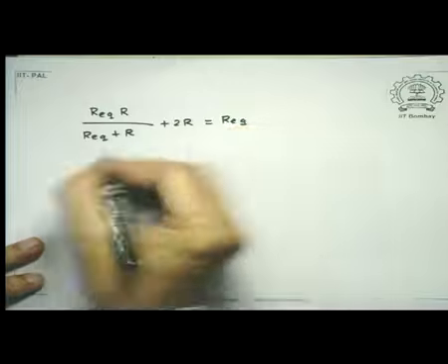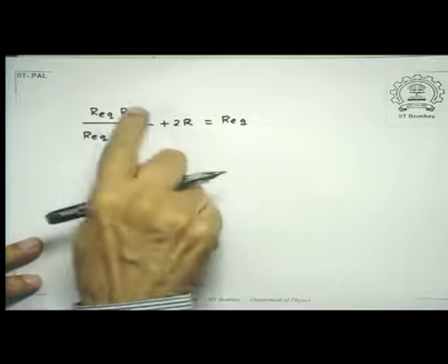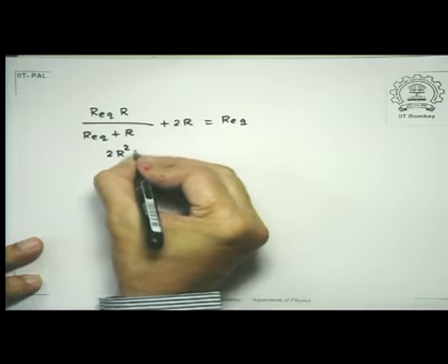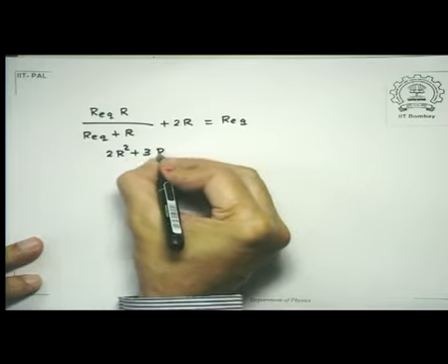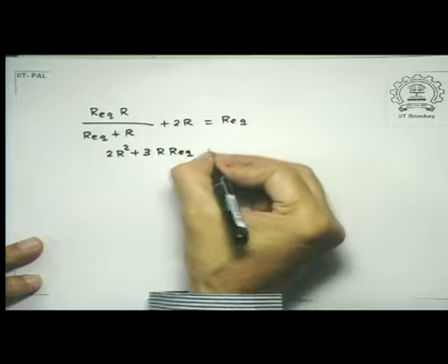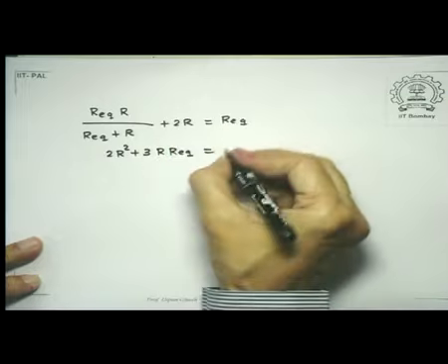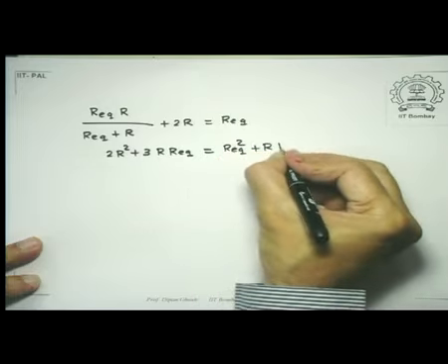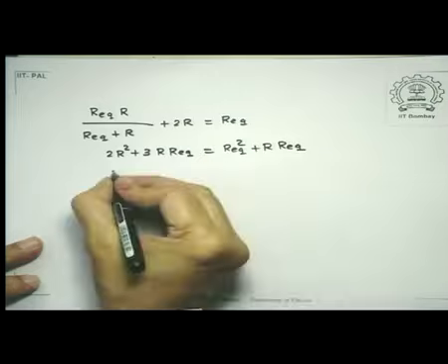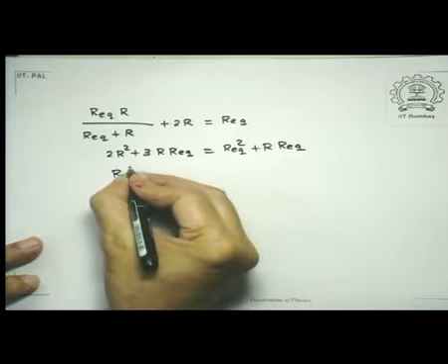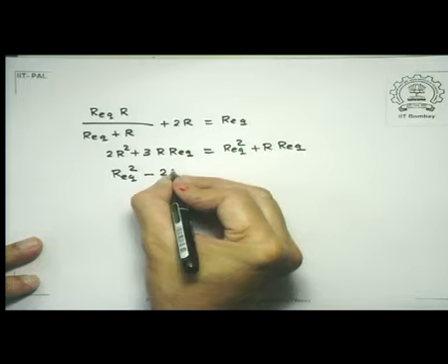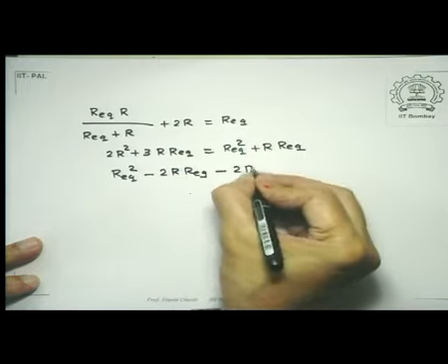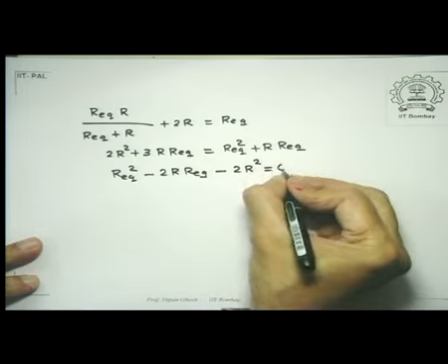Let's simplify them, which is Req and 2R are equal, so it is 2R square plus 3Req in the numerator, and denominator I cross multiply, so I get Req square plus R into Req. So therefore, Req square minus 2R Req minus 2R square is equal to 0.